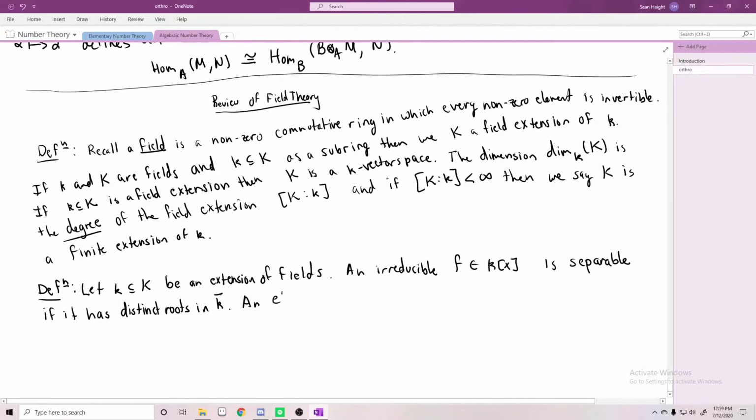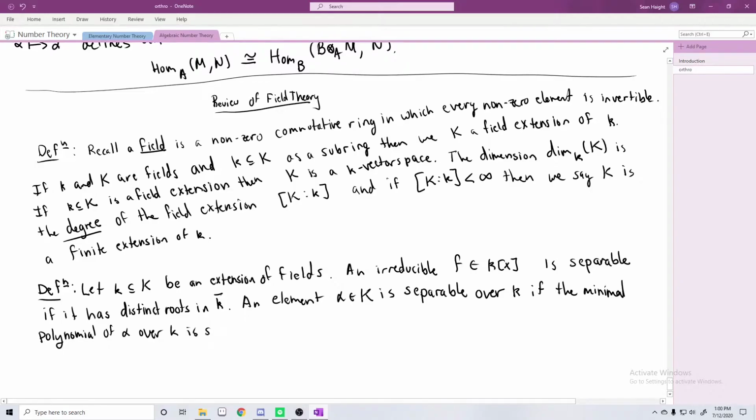An element alpha in big K is separable over little k if the minimal polynomial of alpha over little k is separable.